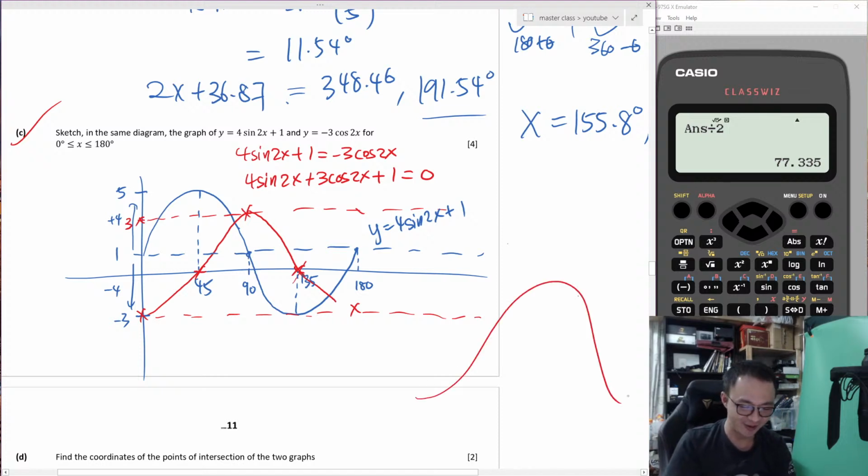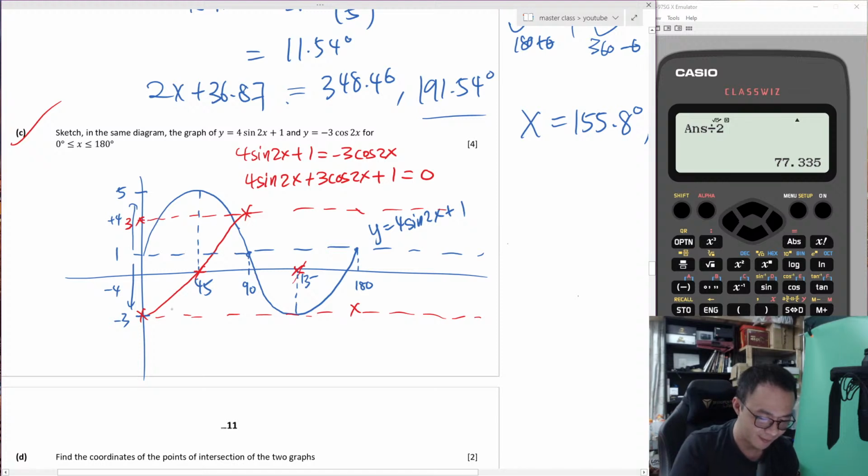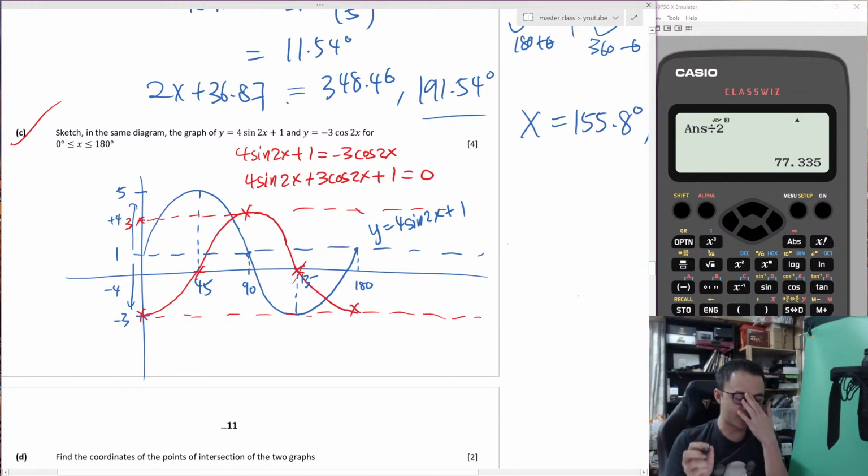It should look like this, right? Maybe I'll just make it look a little nicer. Okay, this one looks much nicer.